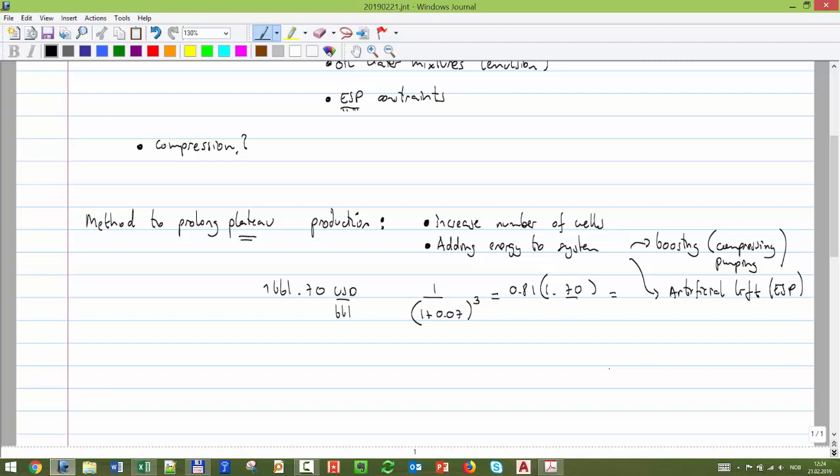The productivity of the reservoir. We can do fracking, we can do acidizing, we can do well stimulation. So that's making C bigger. So that will be fracturing. I can do well stimulation.